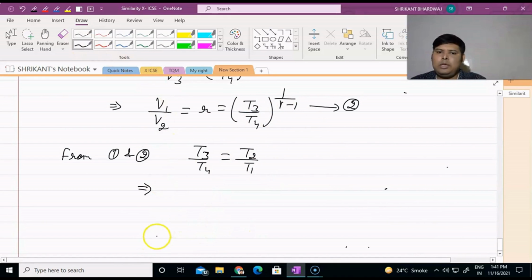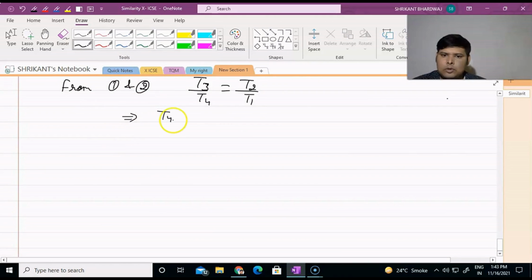So it implies that T4 by T3 is equal to T1 by T2, and using algebra, T4 minus T1 upon T3 minus T2 is also equal to T1 by T2.